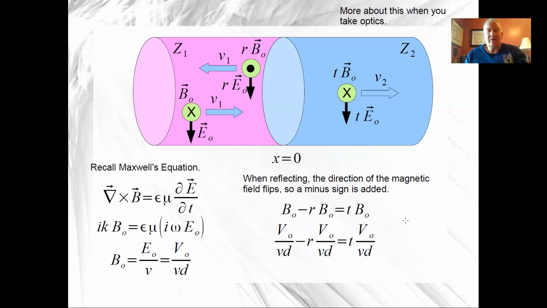And we end up with V naught over the speed times the distance minus R V naught divided by the speed times the distance equals T V naught, right? So we can factor that out.